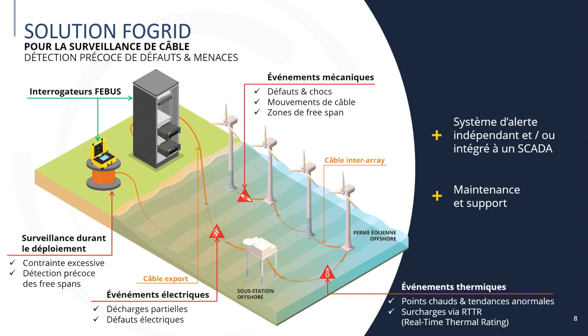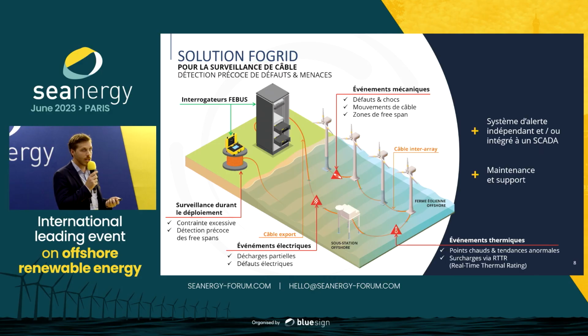So first, there's going to be all that is thermal events. So either a hot spot, a location where the cable is hotter than it should be. That's going to create damage on the cable itself. We can also measure abnormal trends. So if it's becoming more and more hot, but it shouldn't be, we can detect it even before the temperature is too high.